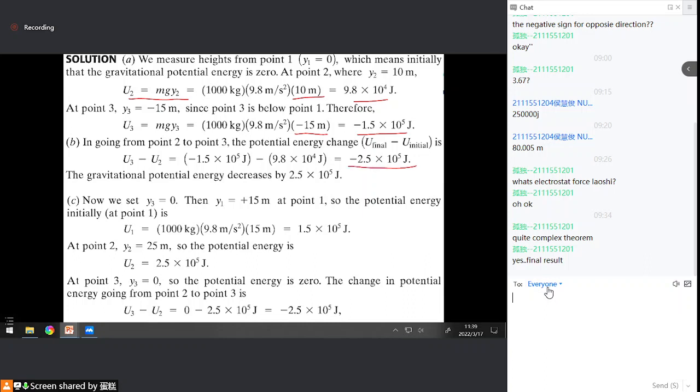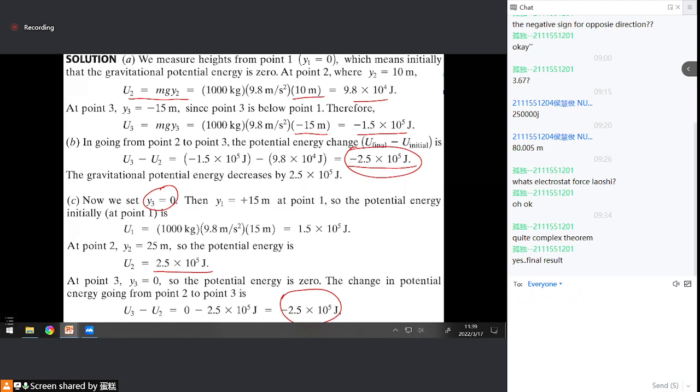So that's A and B. Now if we choose y3 to be 0, you can see U2 is different from this one, but the change is the same.